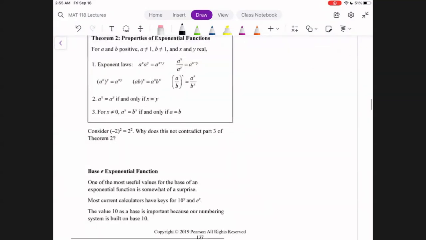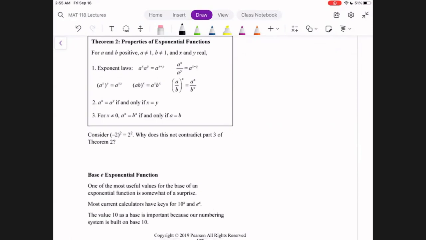So just remember some of your exponent laws, okay, exponent rules. If you're multiplying two things with the same base, exponents add together. So if I had like 2 squared times 2 to the third, this would be 2 to the fifth.